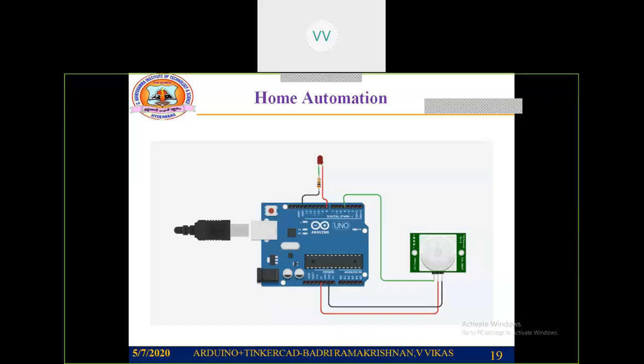This can detect motion. For example, if you just come and stand before that one, it won't detect, but if you are moving in front of that one, it will detect. So that's the difference between an ultrasonic sensor and PIR. PIR cannot detect the distance the way ultrasonic can, but ultrasonic can just detect distance, it cannot say motion.